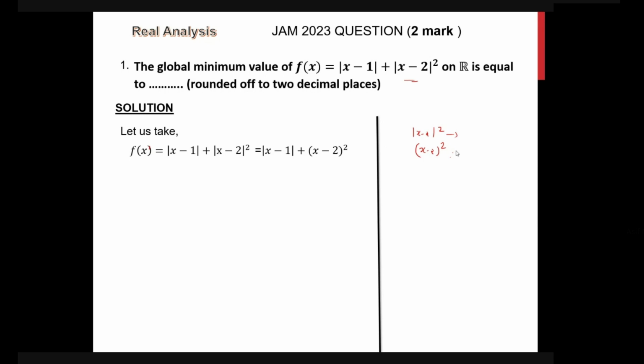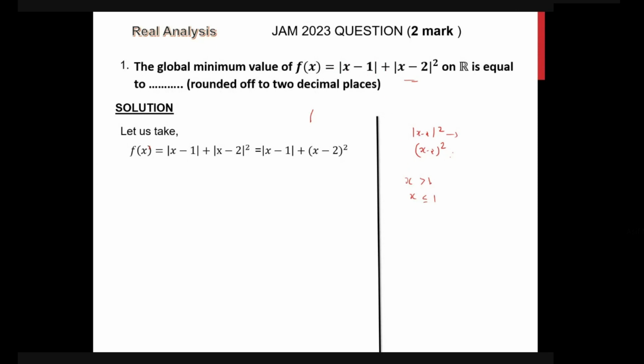So f of x can be written as mod of x minus 1 plus x minus 2 all squared. Now the problem only comes when x is greater than 1 and when x is less than or equal to 1, because the value of f of x changes.